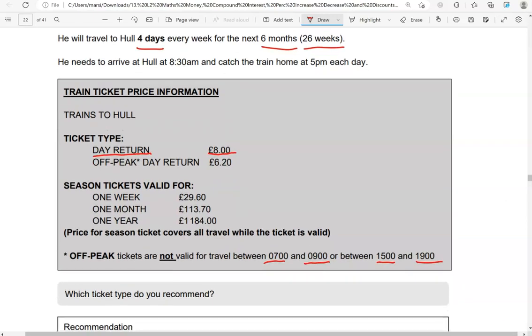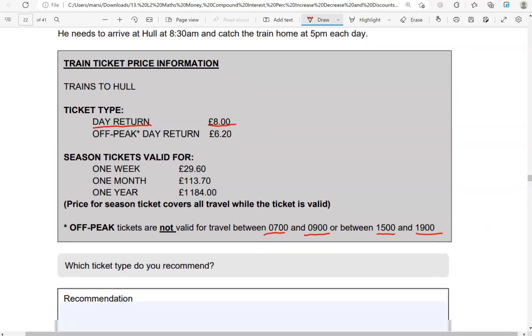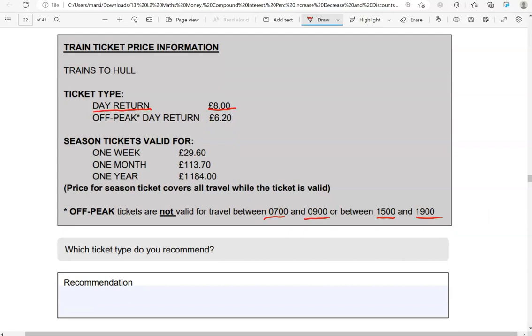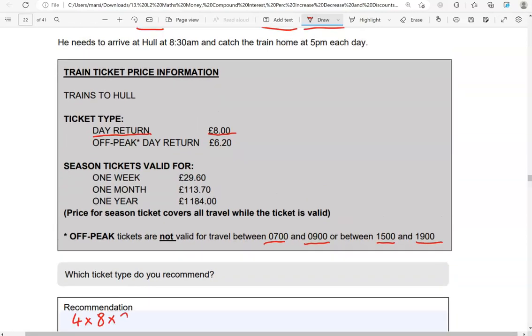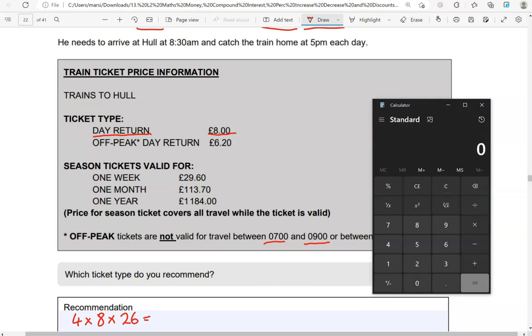That's 4 days per week. So we'll do 4 times 8 times 26. That's the number of weeks. That gives us £832.